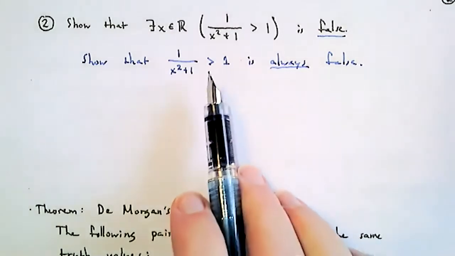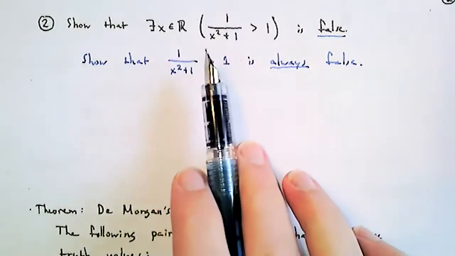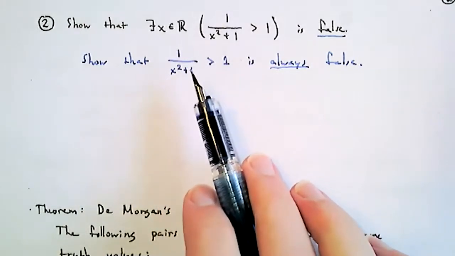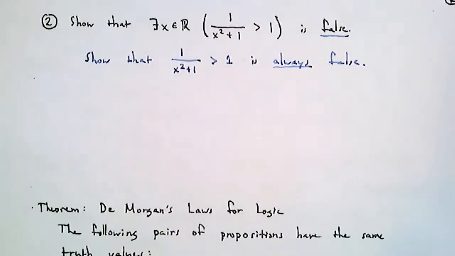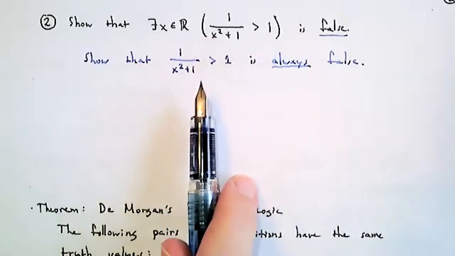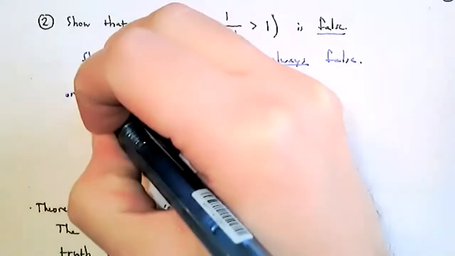So what is the negation of this inequality? What does it mean for this to be false? 1 over x squared plus 1 has to be greater than 1 all the time. Well, I mean, this is true. Less than 1 all the time. Sorry. Okay, good. You're really close.